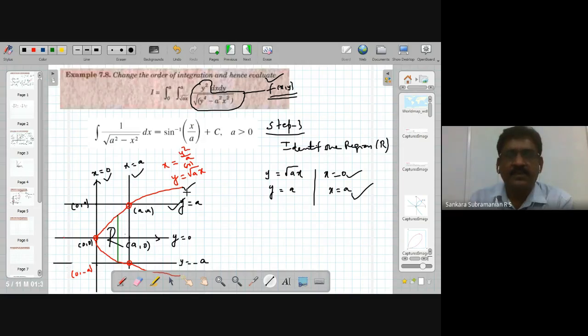to y is equal to 0 இருக்கும்னு நினைக்கிறேன் இந்த பாயிண்ட். y equal to a வரைக்கும் போகுது. y equal to 0 to y equal to... okay.